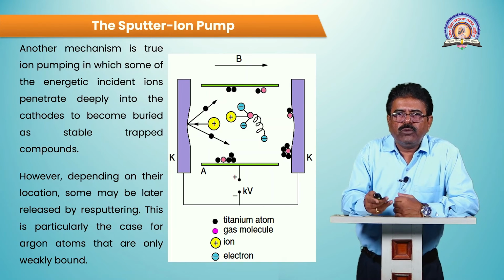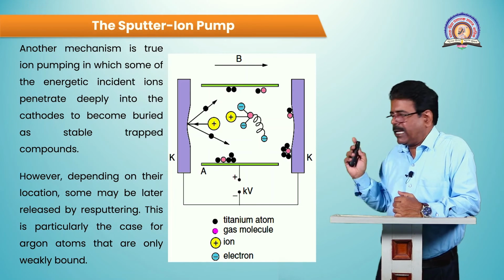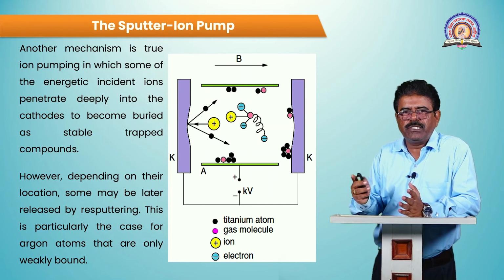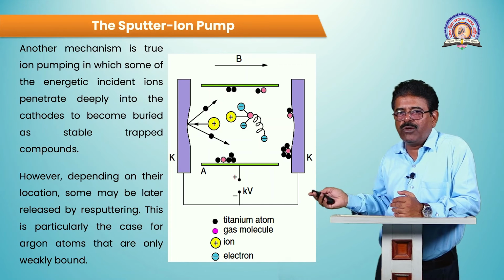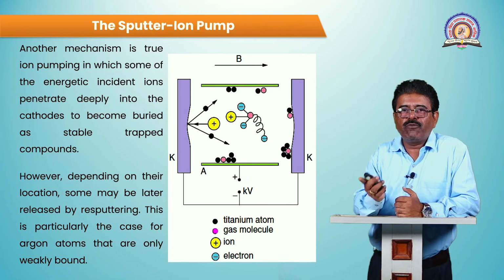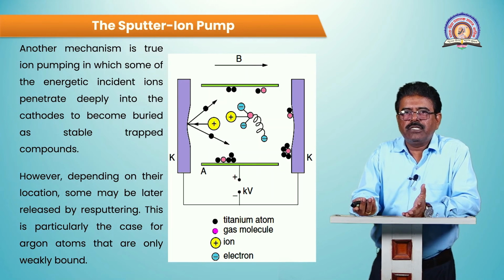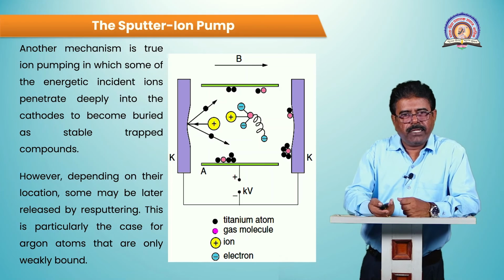Okay, so what will happen? Some of the inactive ions will get deeply buried into the cathode material. Some of the gas species will be buried on the surfaces of the anode. You can see the pink one I have shown, the gas molecule, is buried below the black one, the titanium atoms, which are sputtered because of the striking of the ions on the cathode surface.